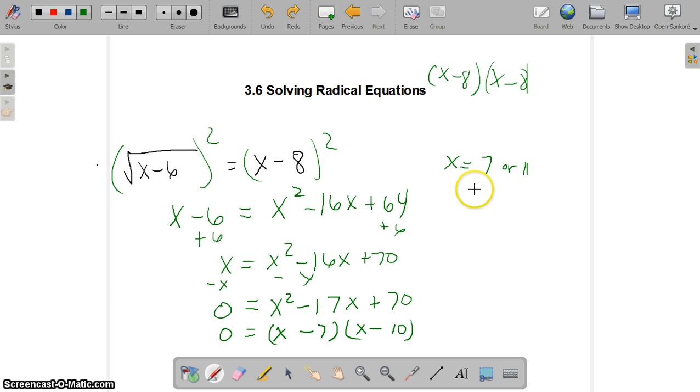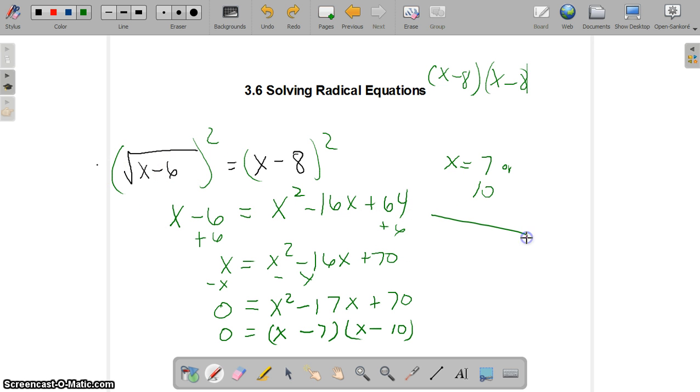Now remember how I said that we need to plug these back in to make sure that they work? So if I plug a 7 in here, I get 7 minus 6, which is 1.